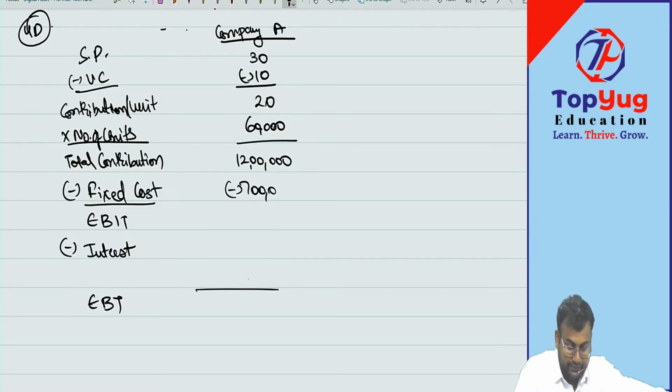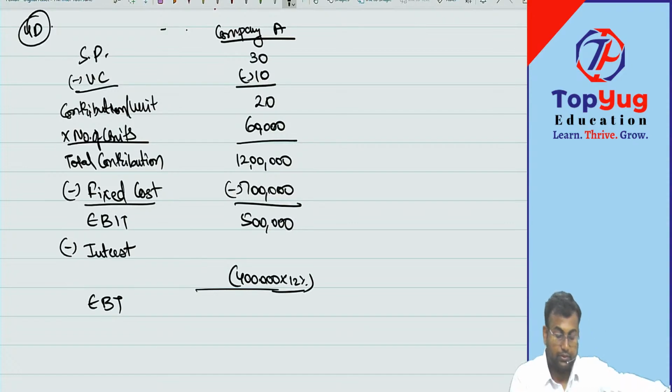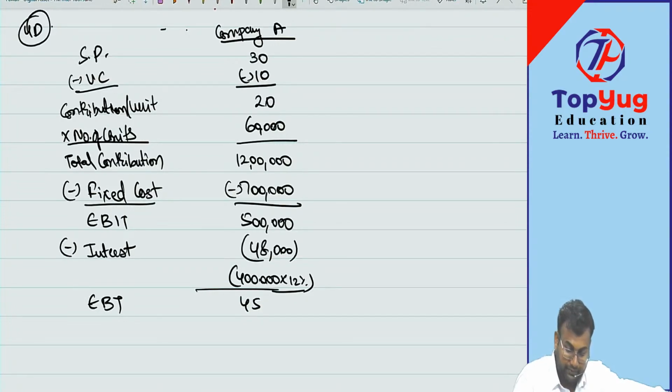Minus 7 lakhs. Then you have an interest expense. So let's calculate 4 lakh into 12%, that is 48,000.